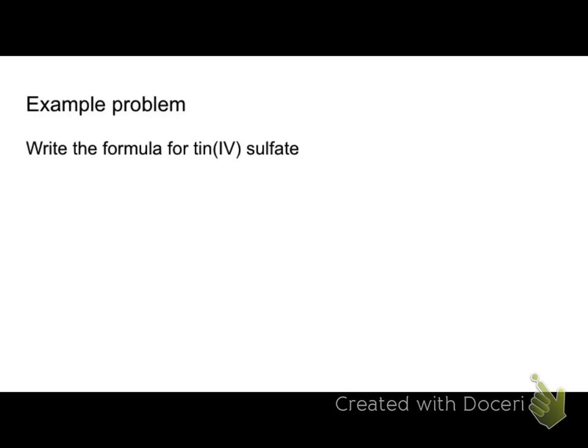And then you know the charge of tin, so go ahead and try to write out the formula. All right, so to begin with, we're going to write them side by side. So the abbreviation for tin is Sn, and then the 4 in parentheses tells us that this is the 4+ version of tin. And then we have sulfate, which if we look in the book is SO4, and then 2- is the charge on that.